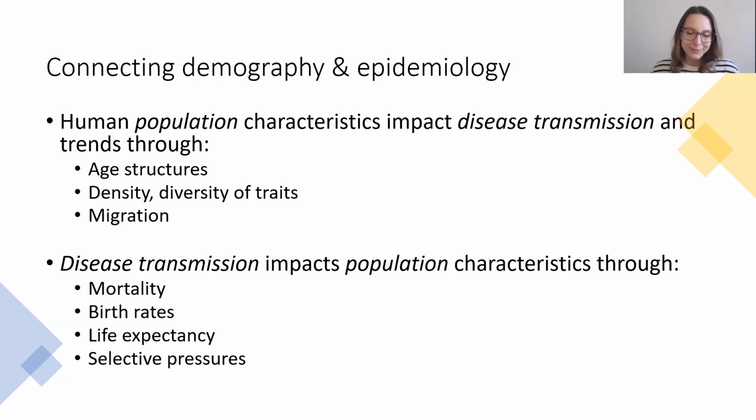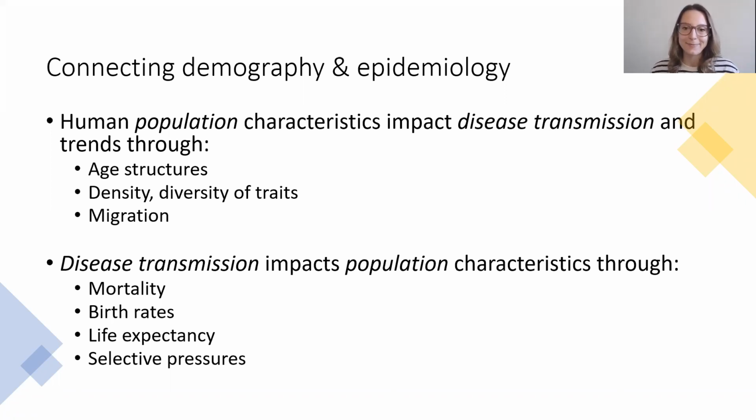So hopefully after comparing both the demographic transition model as well as the epidemiologic transition model, it's clear just how much the study of demography, so populations, and epidemiology, the study of disease, are interconnected and how they play an important influence on one another. It's almost impossible to talk about them separately.